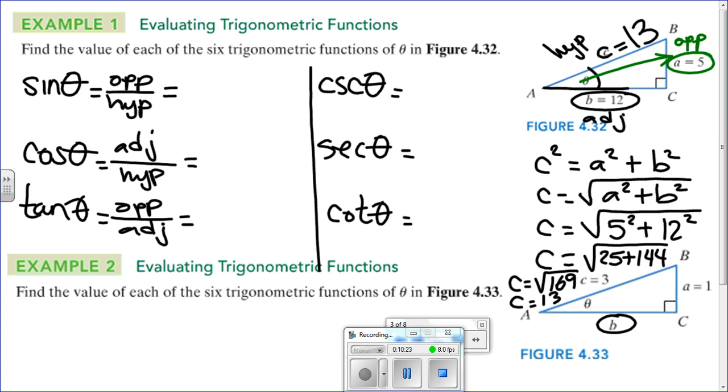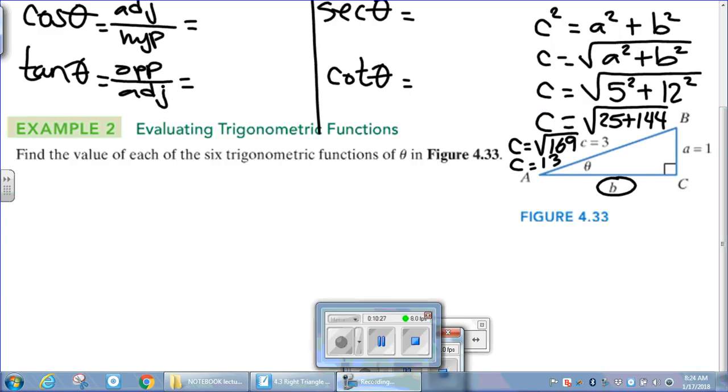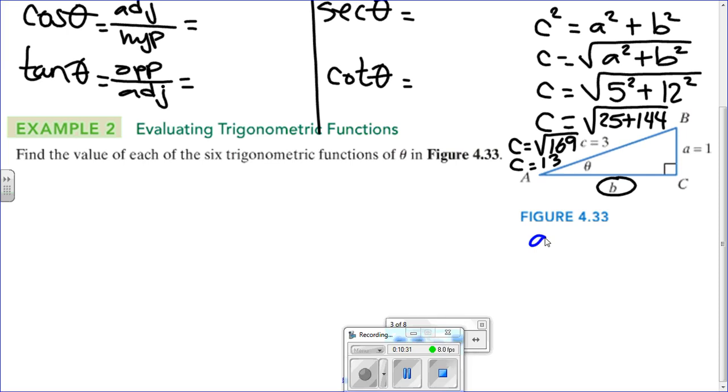Okay, I'll give you like a minute. While you guys finish example 1, I'm going to go ahead and find B. If we have that a squared plus b squared is equal to c squared, then to solve for b squared, it will be c squared, and not plus a squared, but minus a squared.